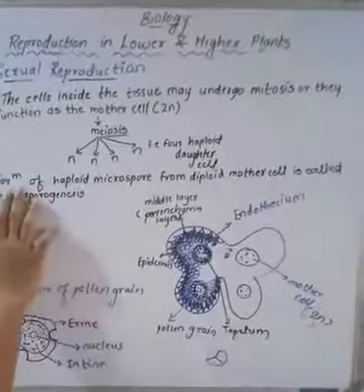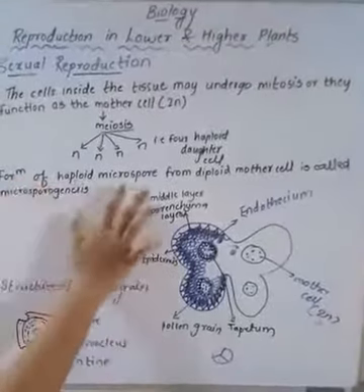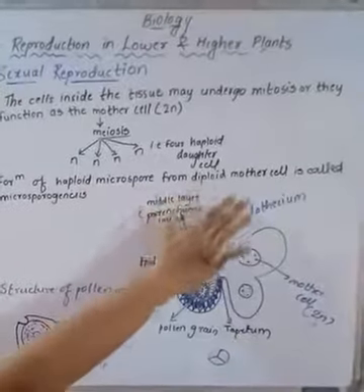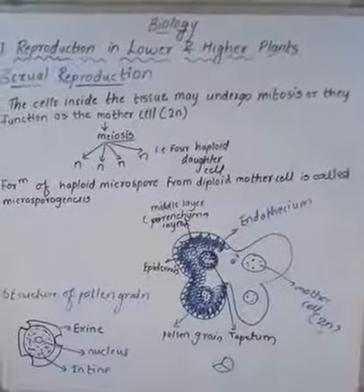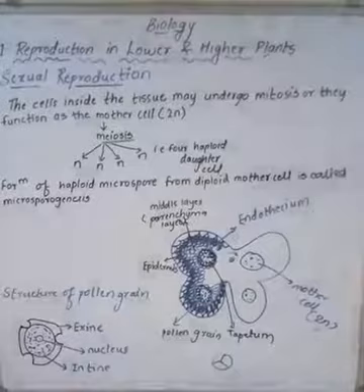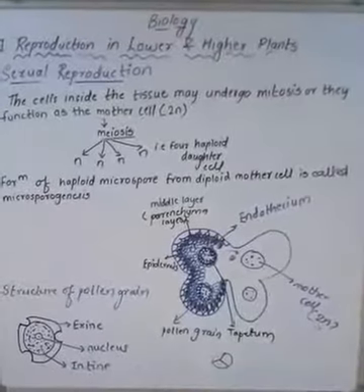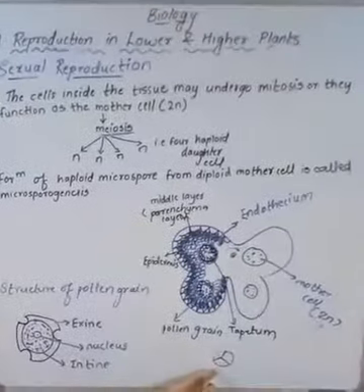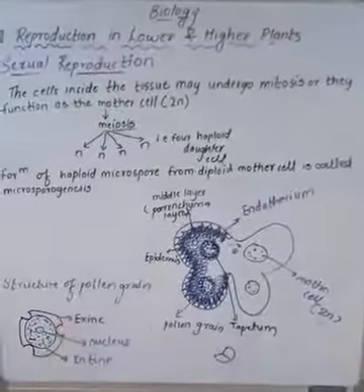Clear? So what is the definition now? Formation of the haploid microspore from the diploid mother cell is called microsporogenesis. Clear with this? Okay.